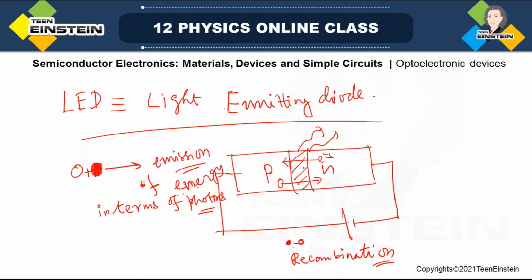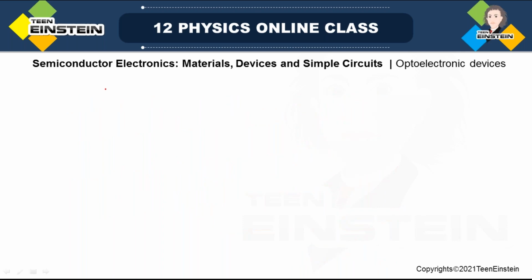And see, in LED there can be various colors of LED. So how do you get different colors of LED?